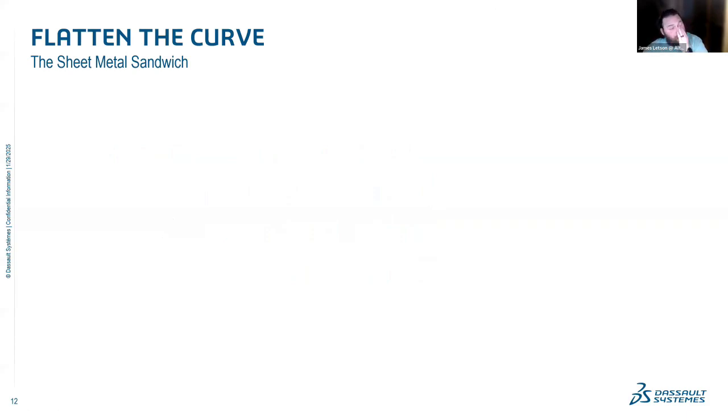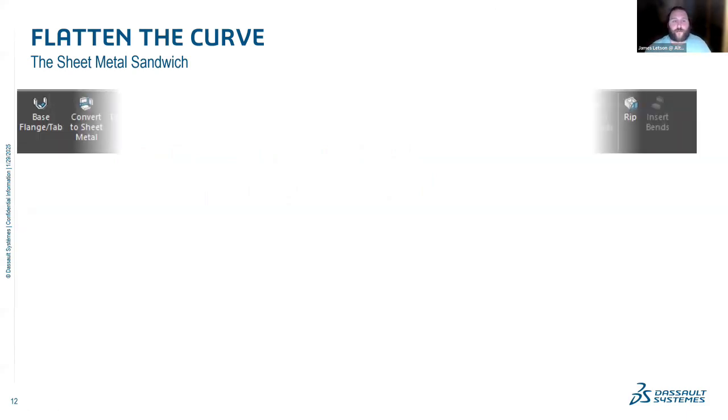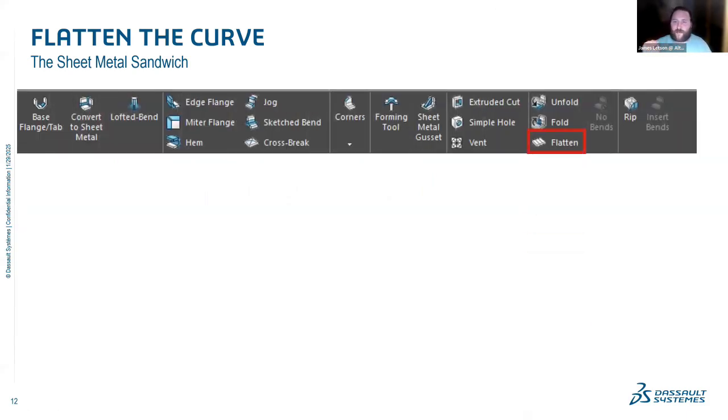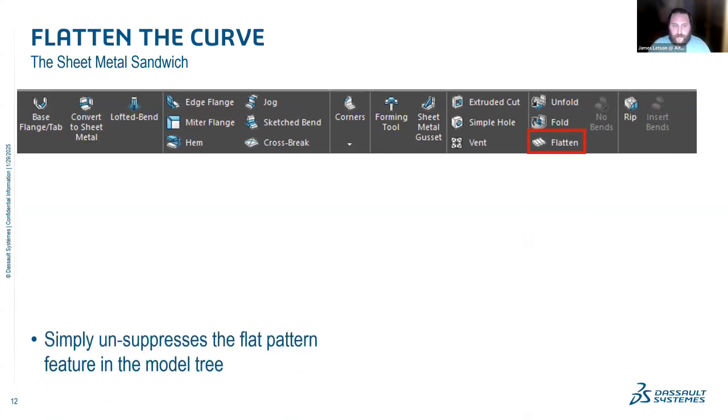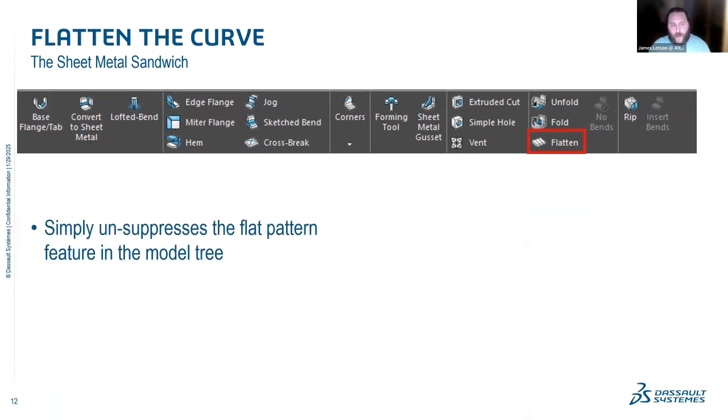But before I get into the exact details of what I mean by sheet metal sandwich, I do want to talk about exactly what this button does in SOLIDWORKS. The flatten button that's up on the sheet metal tab, in simple terms, is just a toggle button for suppressing and unsuppressing your flat pattern feature.